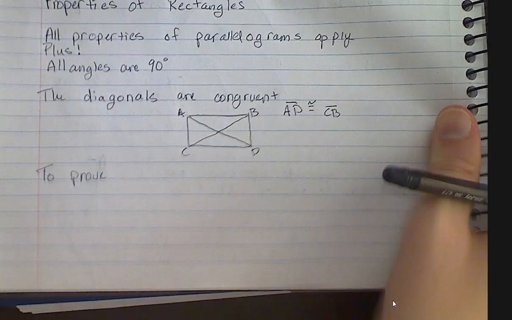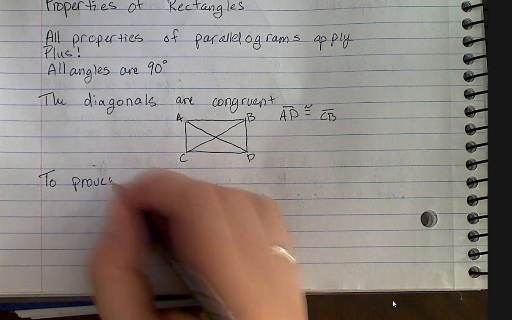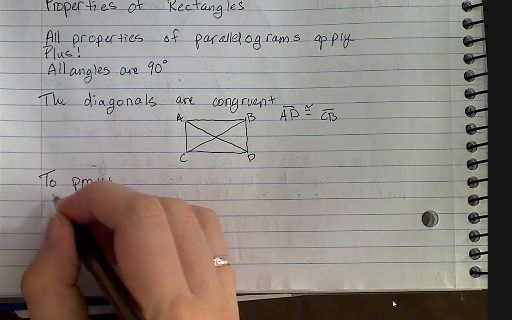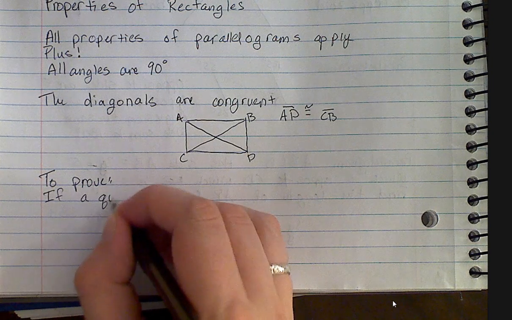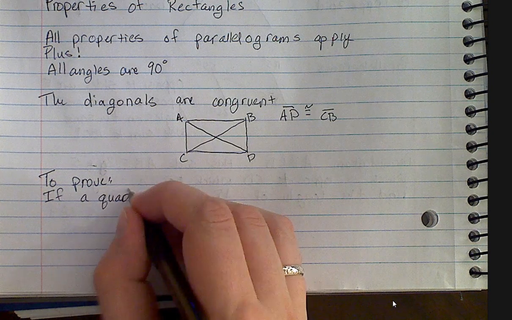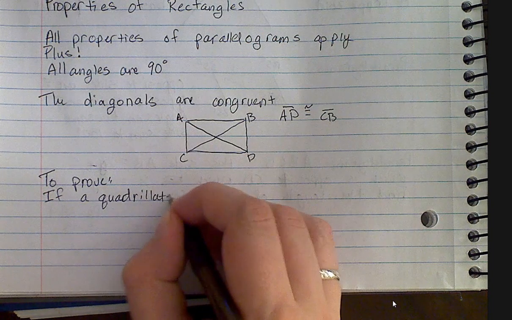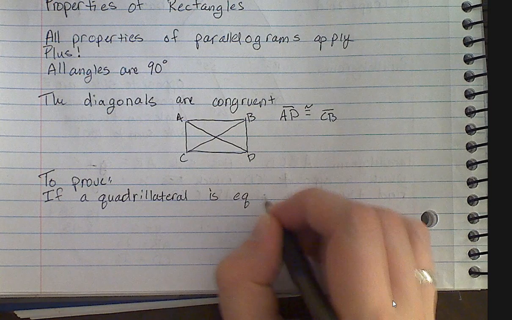Is that better? Okay, so to prove, we're going to do that if-then thing. So if a quadrilateral is equiangular, which is a fun math word.